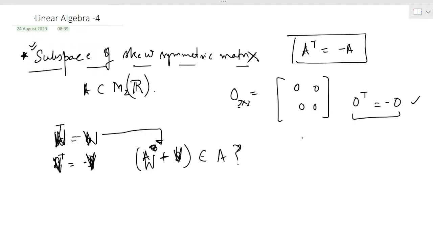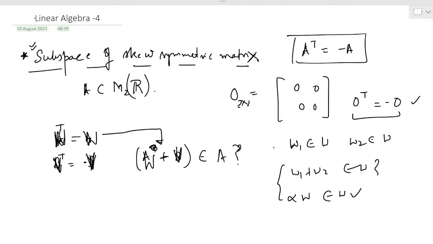Whenever you have to prove a subspace, you take W1 and W2 belonging to the subspace, and see whether W1 plus W2 also belongs to it, and the scalar multiple of W should also belong to it. If this is the case, then we say that W is a subspace.